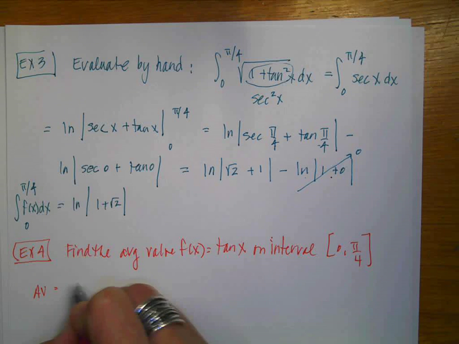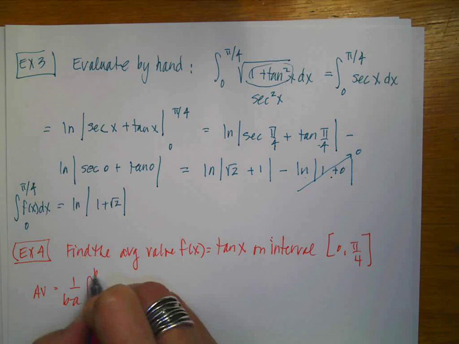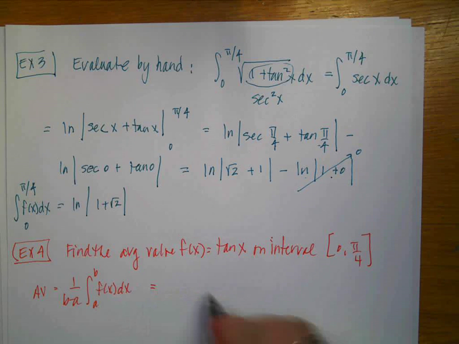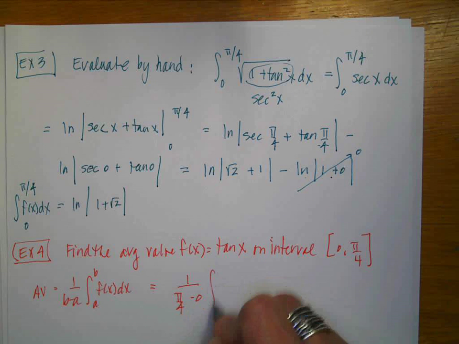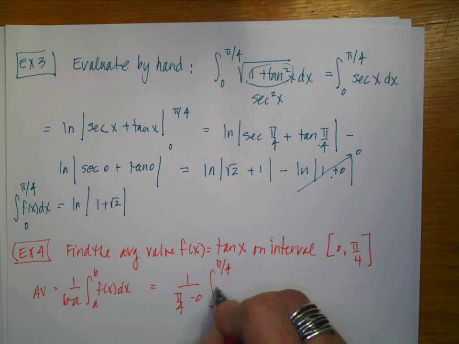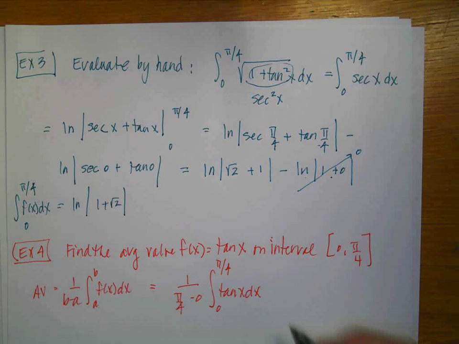Well, remember that your average value is going to equal 1 over b minus a, times the integral from a to b of f of x dx. So this is going to be 1 over pi over 4 minus 0, times the integral from 0 to pi over 4 of tangent of x dx.